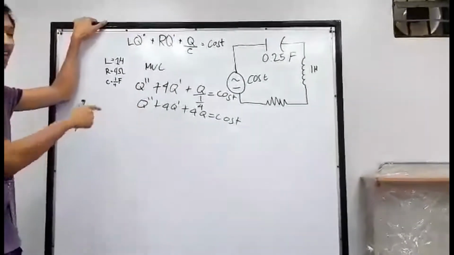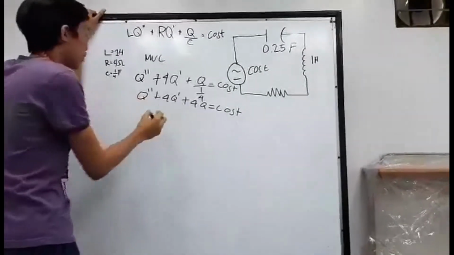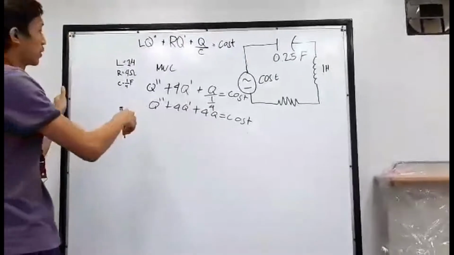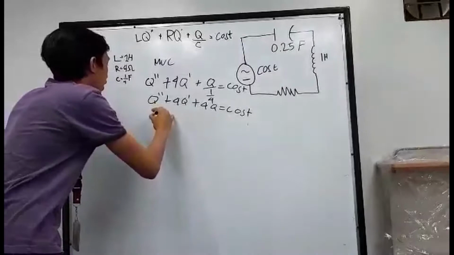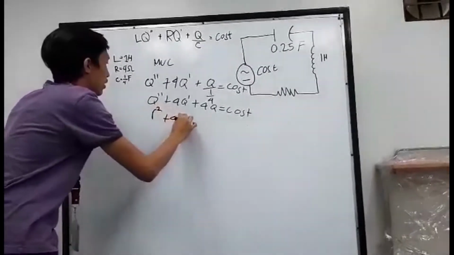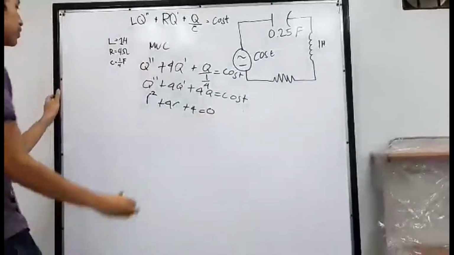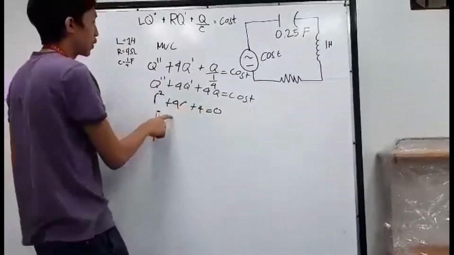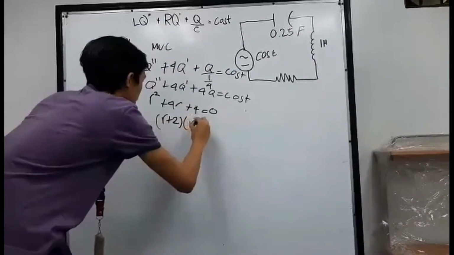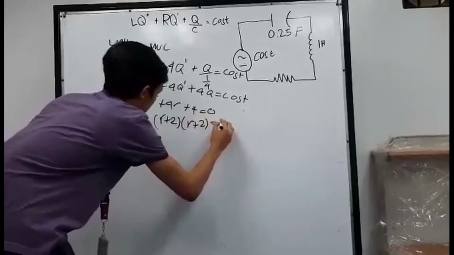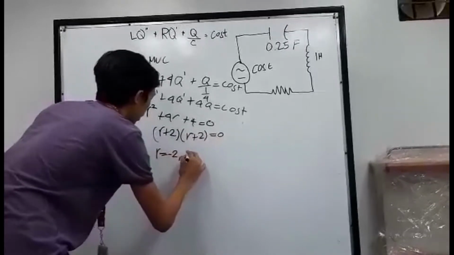We will get now the characteristic equation of this IVP. To get the characteristic equation, let this variable equal to r. R squared plus 4r plus 4 equals 0. Factoring this quadratic equation, r is equal to negative 2 and negative 2.